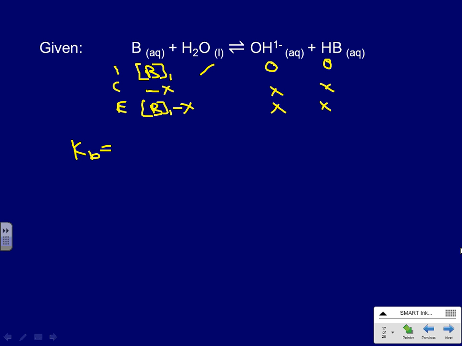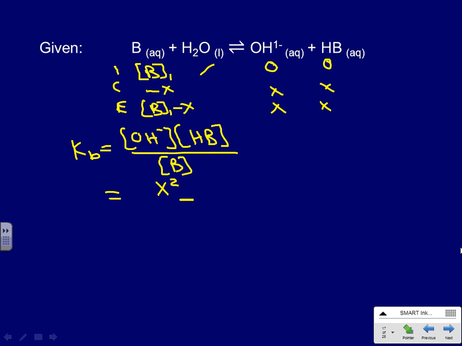Kb, just to do it officially, is OH minus times HB, which is the conjugate acid, over the concentration of B. If I substitute everything in, I'm getting an X squared over the initial concentration of B minus X. That's equal to Kb.